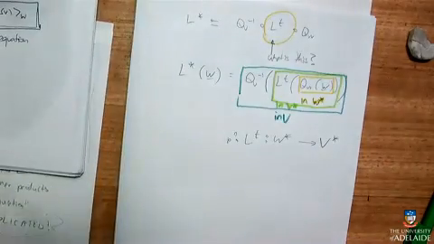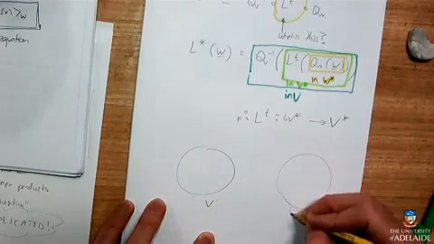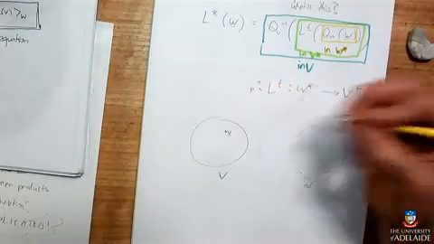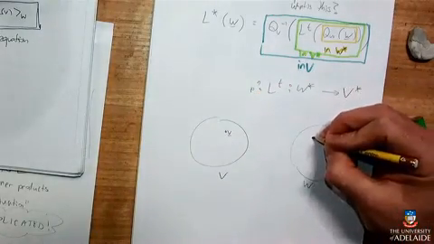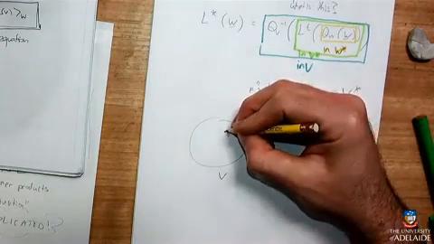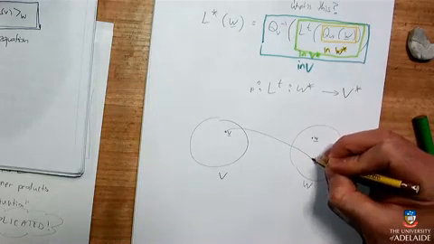So just a second. I want to draw my picture. Here's V, here's W, here is little v, and here is little w. And little v ends up over here. This is L of little v.